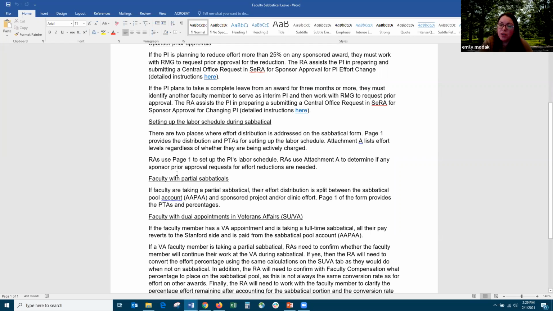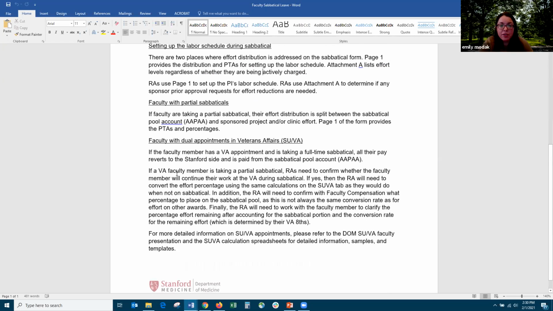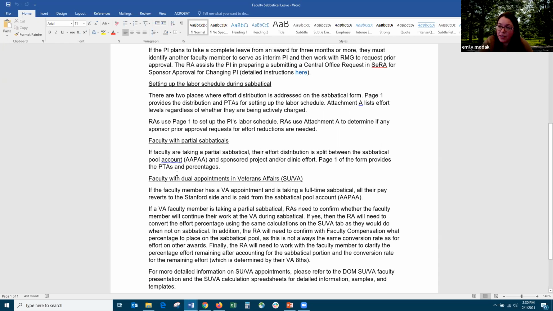Attachment A, you work with RMG to determine whether you have adequately addressed the effort commitments, whether they're still being met. And if they're actually reducing effort on any of these grants during that period, then beyond the 25%, you need to get the prior approval, just like you would in any other situation. And sometimes the PI will actually temporarily change.